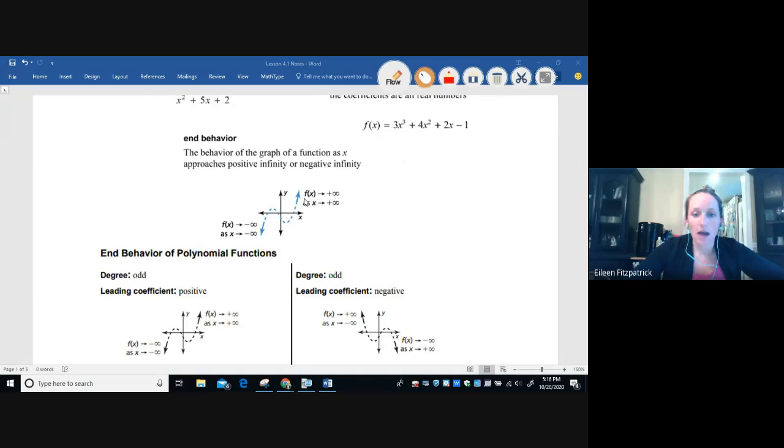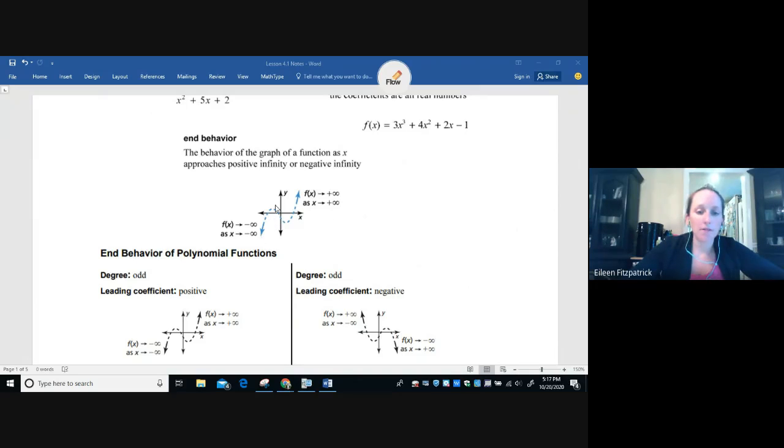So it says f of x is approaching positive infinity as x is approaching positive infinity. Remember, think of f of x as your y. So up is positive y, to the right is positive x. So y is approaching positive infinity, right? The y's are going more positive as the x's are approaching positive infinity.